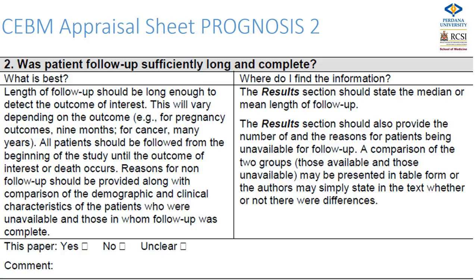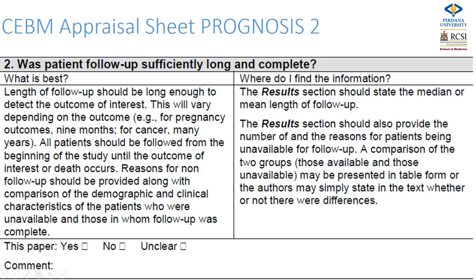But all patients should be followed up from the beginning of the study until the outcome or death occurs. And any reasons for non-follow-up should be provided, along with a comparison of the patients who were lost to follow-up with those who were continued in the study.